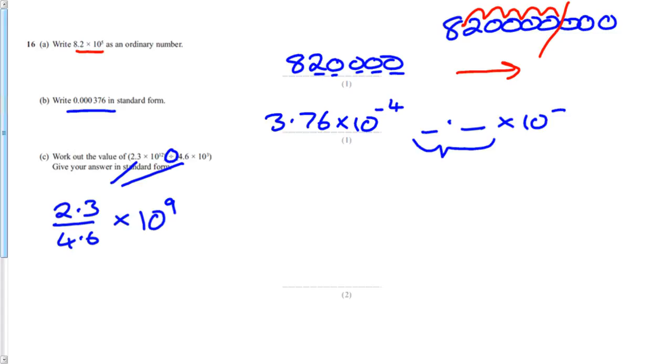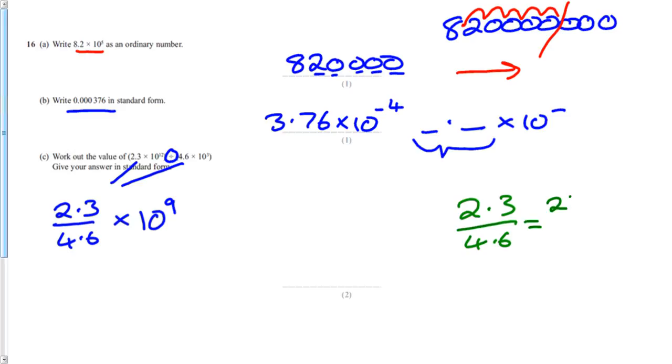However, that's not the final answer because we can't leave it as 2.3 divided by 4.6. So this goes back to how to divide with decimals. If we have 2.3 divided by 4.6, one thing about dividing with decimals is that I hate doing it, so I tend not to. So what we could do is we could times the top by 10 and times the bottom by 10.